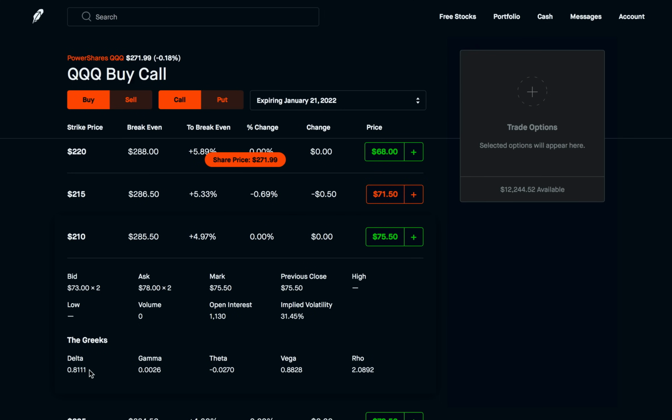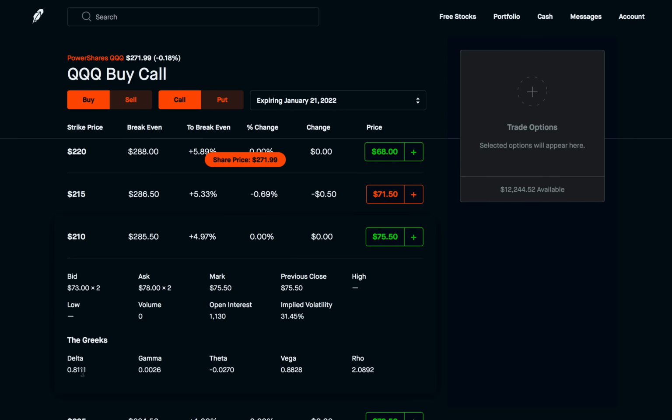Okay, so first let me explain what delta is, and then let me explain why we want it to be 0.80 or more. So delta on this option is going to be how much the value of this contract goes up or down by with a $1 change in the share price. Okay, and so the first thing you need to know is that this delta here, this 0.8111, is per share of the contract. So remember, each contract is 100 shares.